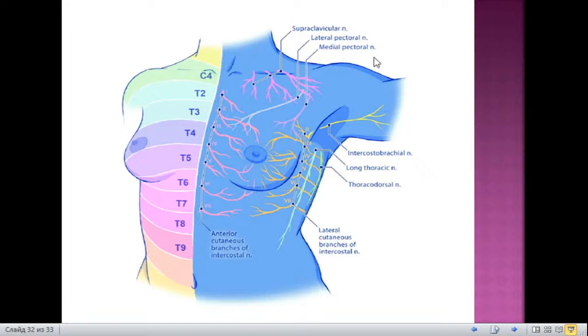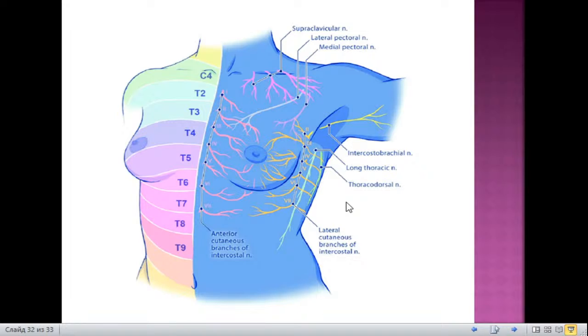So, in a difference with the head, neck and upper limb, skin of the chest is supplied very simply by the intercostal nerves. Actually, in a difference with the other regions of our body, thoracic spinal nerves don't form plexuses.